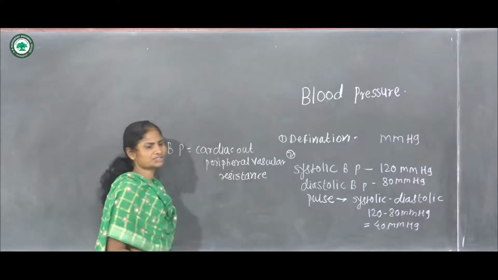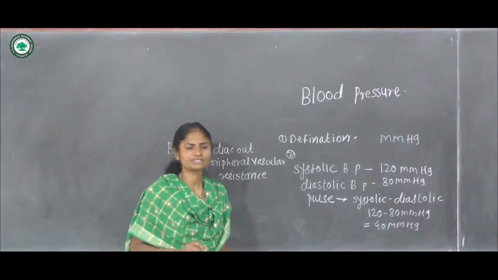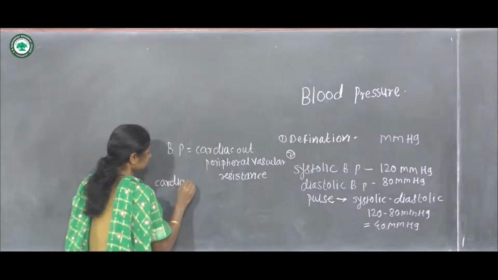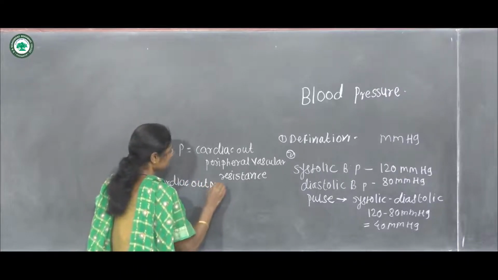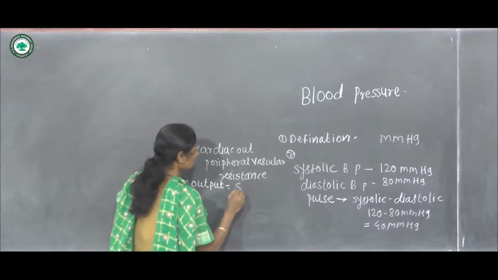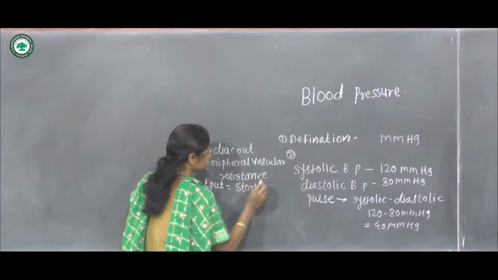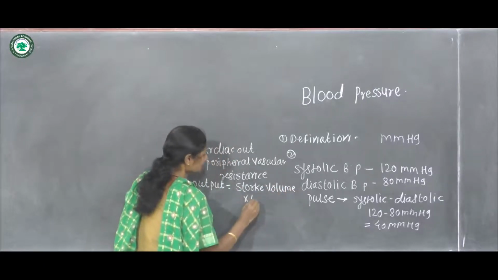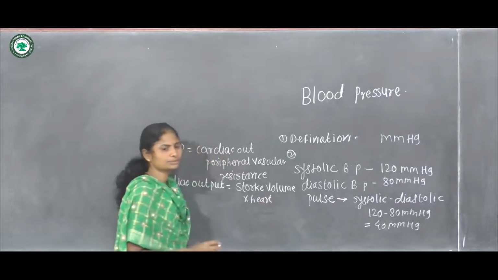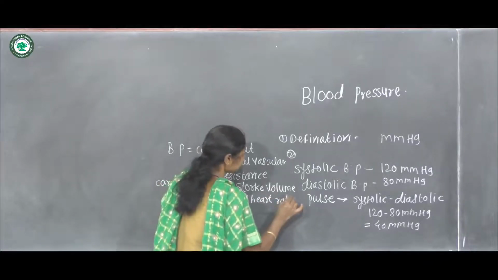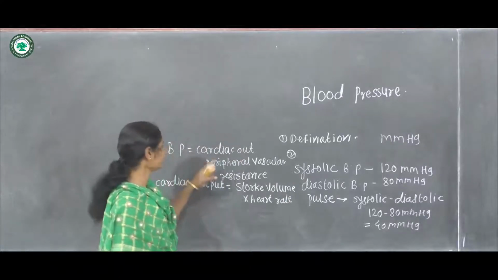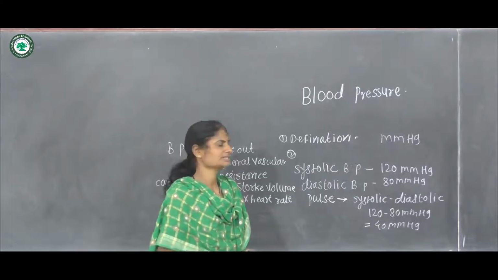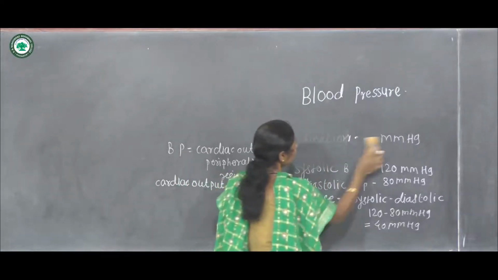Here, cardiac output is stroke volume into heart rate. Totally, blood pressure depends upon cardiac output and peripheral vascular resistance.